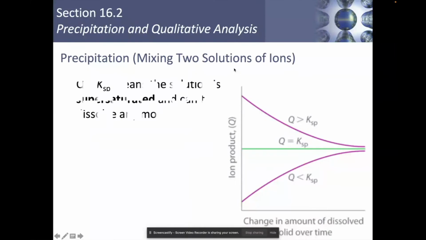Okay, now precipitation and qualitative analysis. So mixing two solutions. Now Q represents a solution that is not at equilibrium, right? So we're changing something, and we're going to be comparing that to the Ksp value. So if Q is greater than the Ksp, the solution is supersaturated and it cannot dissolve any more solid, right?